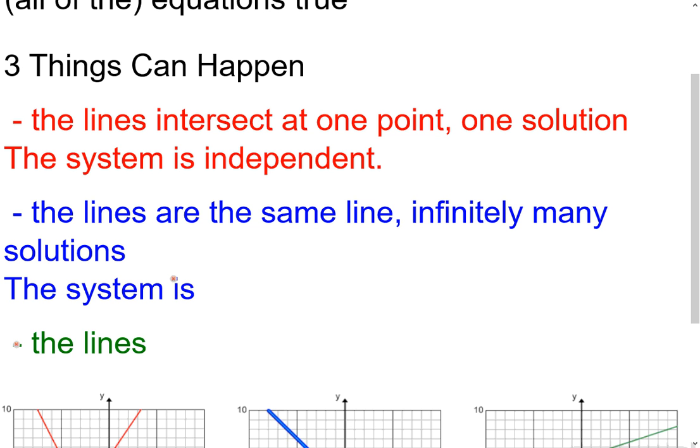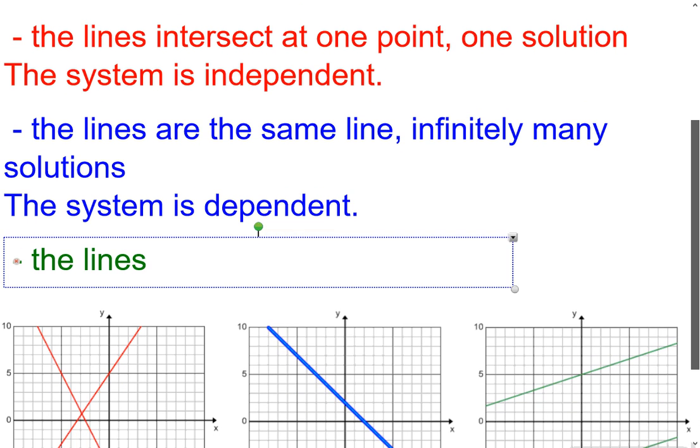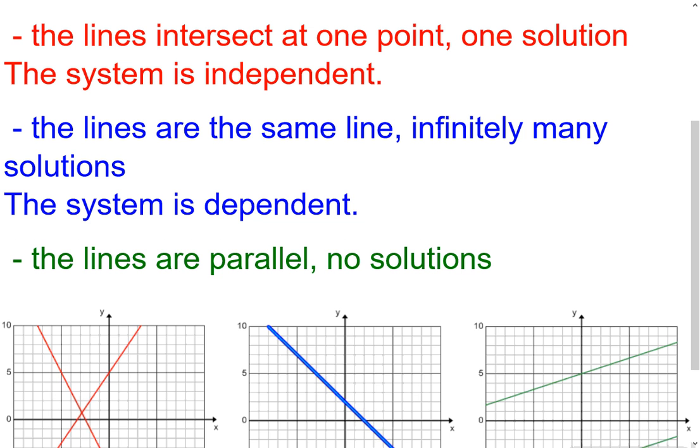That was the one with the blue and the green. And when there were lines that were the same line, we have infinitely many solutions, and we say the system is dependent. And then we had our last example where the lines did not cross, they were parallel, and if those lines are parallel, there are no solutions that make both equations true.